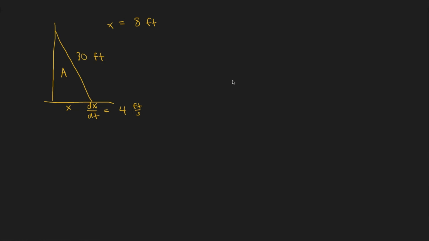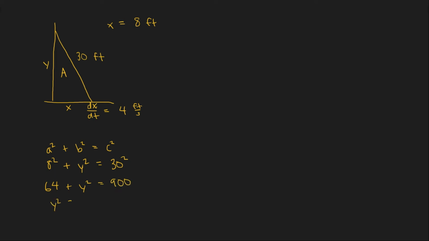And just like last time, let's call this value y. So a squared plus b squared equals c squared. Then we plug in our values. A squared is 8 squared, plus our unknown y squared, equals the hypotenuse squared, which is 30 squared. So if we solve that, it becomes 8 squared, which is 64, plus y squared equals 900.